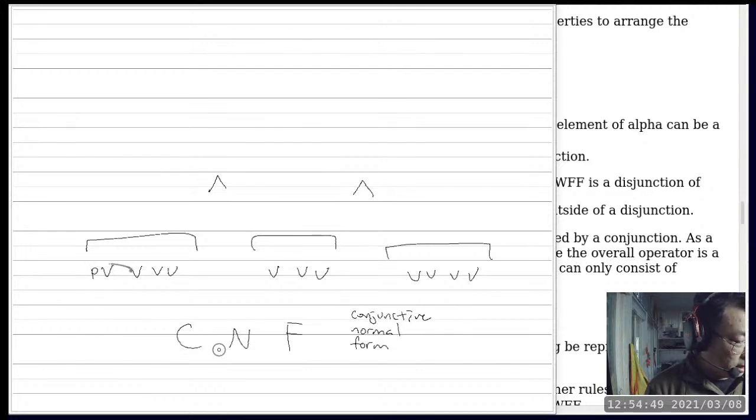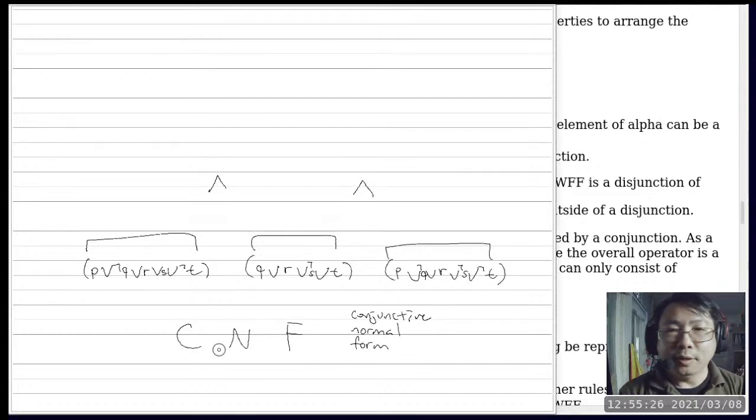So we can have P or not Q or R or S or not T. And over here we can have Q or R or not S or T. And then over here we can have, I'm just giving you an example, totally randomly picked, P or not Q or R or not S or not T. So now each one is a disjunction, and then we just have a conjunction of the disjunctions.